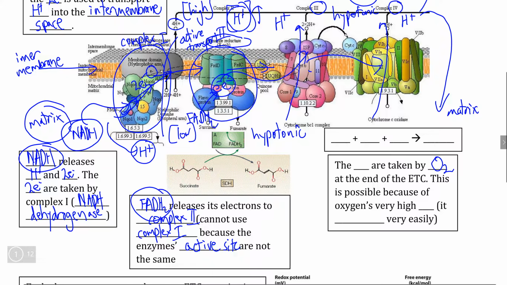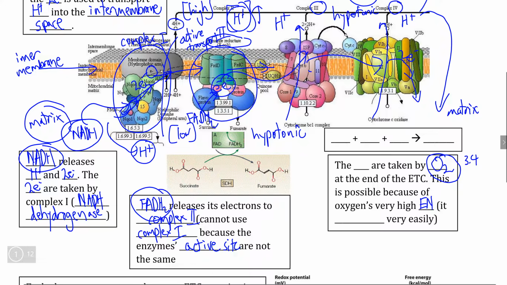So by the time that the electrons from NADH and FADH2 make it to the end of complex 4, to the end of the electron transport chain, we need a very, very strong element in terms of its ability to attract electrons. And as it turns out, oxygen has the second highest electronegativity on the periodic table, between 3.4 and 3.5, depending on where you look.